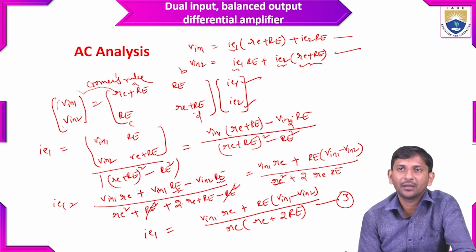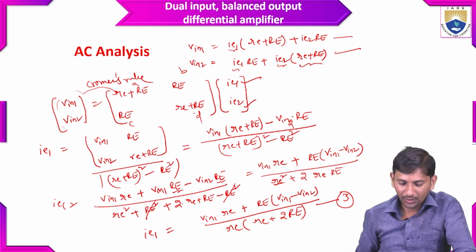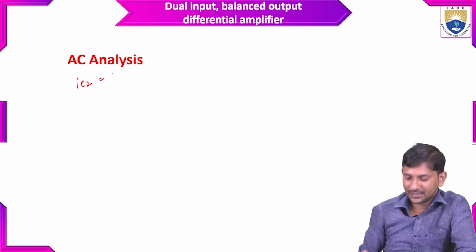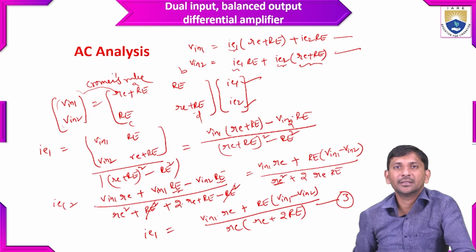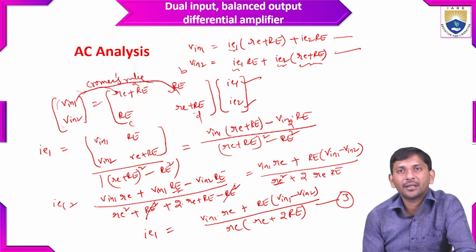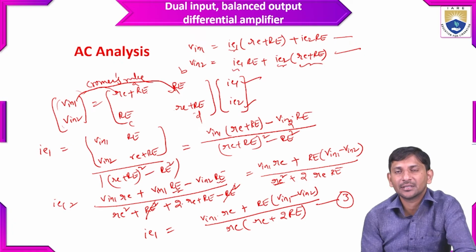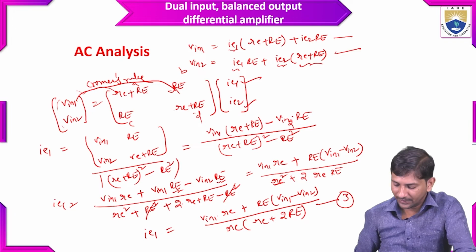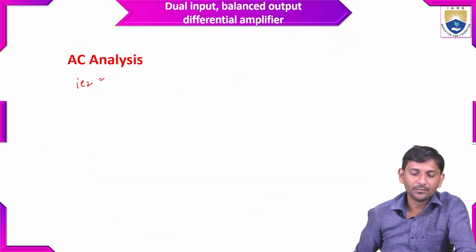Similarly, we have to calculate IE2 also. So IE2 can be expressed like this. This column will be replaced with the second column of your matrix. Then you have to apply the determinant similarly to how we calculated IE1.